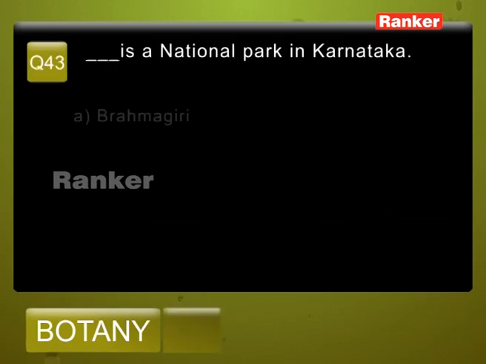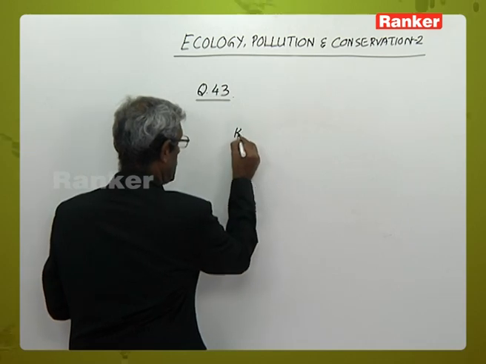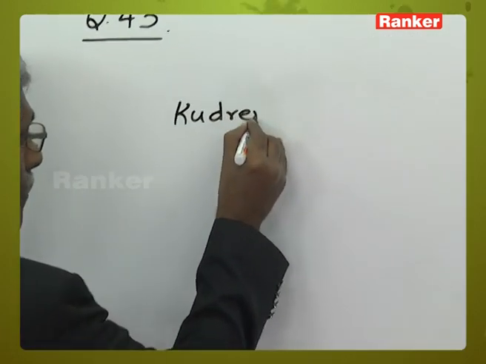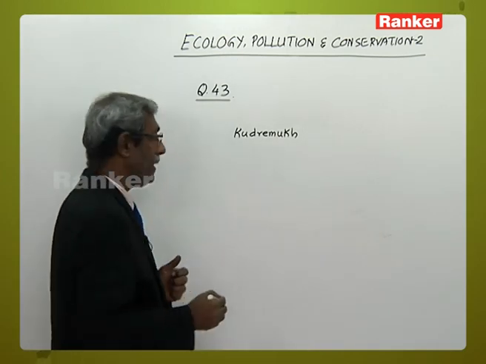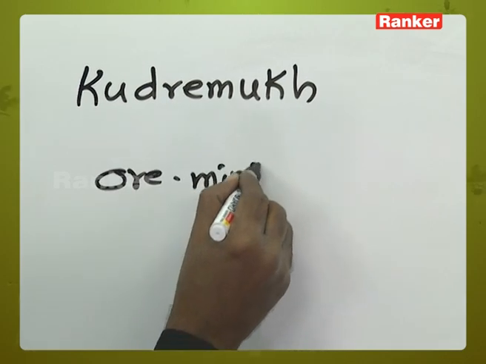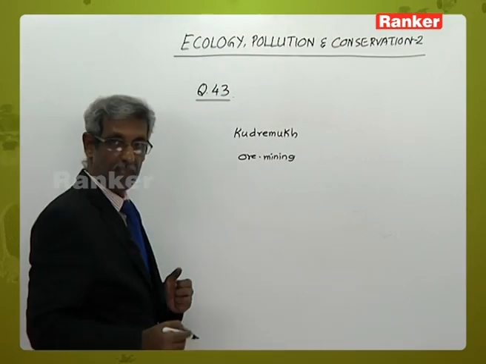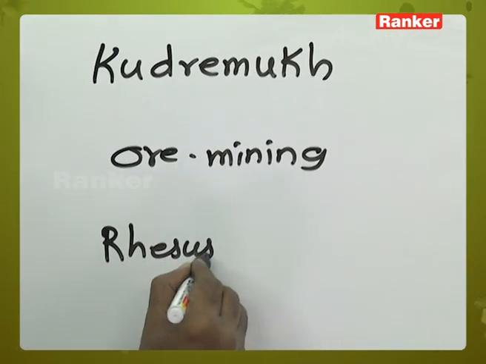Question number 43. Dash is a national park in Karnataka. A we have Brahmagiri, B Shravati Valley, C Kudremukh, and D Dandeli. Where we had the Kudremukh project. The Kudremukh project primarily relates to ore mining. And this was the same area where we had the presence of the rhesus monkey.